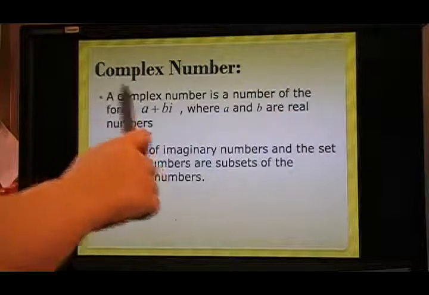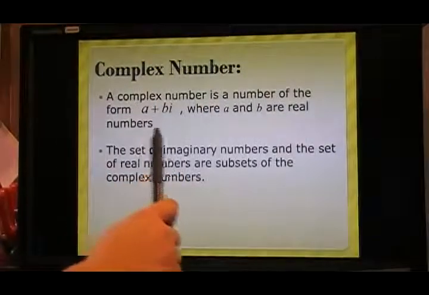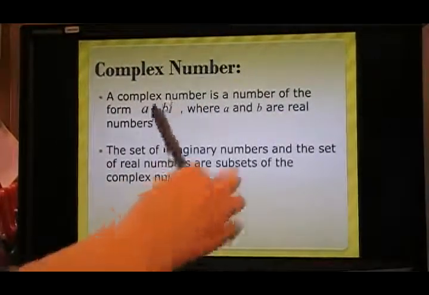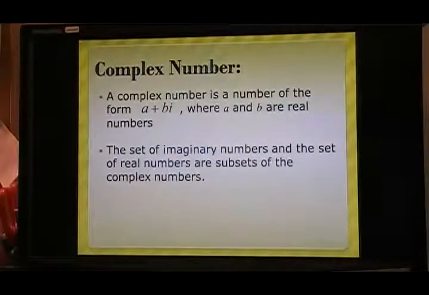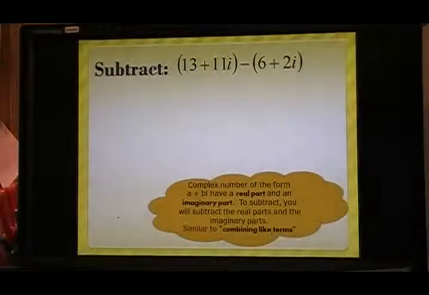So within the set of complex numbers, you have complex numbers, you have real numbers, which are complex numbers, and you also have imaginary. So, we are in an even bigger set than the real numbers, or we're in a set that houses the real numbers.